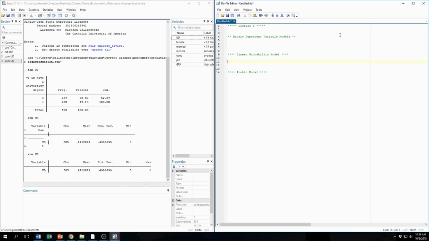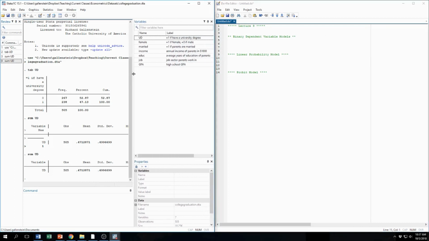Okay, so when we're using a linear probability model, we're going to apply a lot of the things we've already learned in class so far. When we build a model, we use our theory and intuition about what we think the important variables are that will determine the probability that someone will have a university degree.